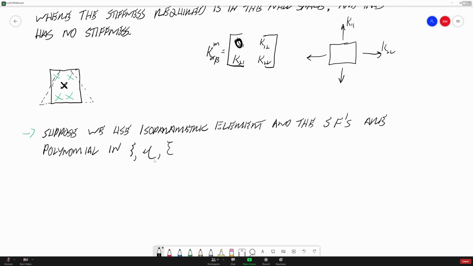Xi. So for three, that's our 3 dimensions.